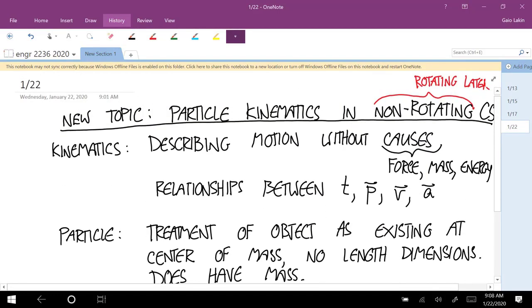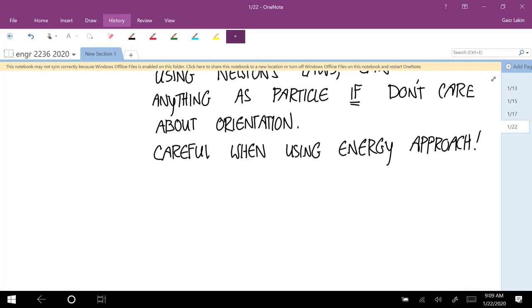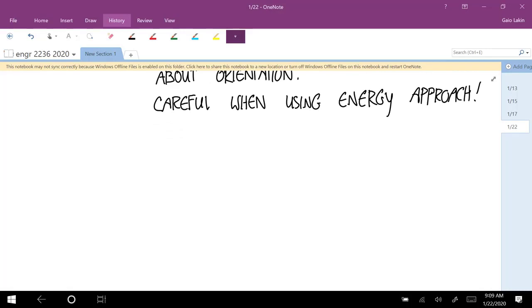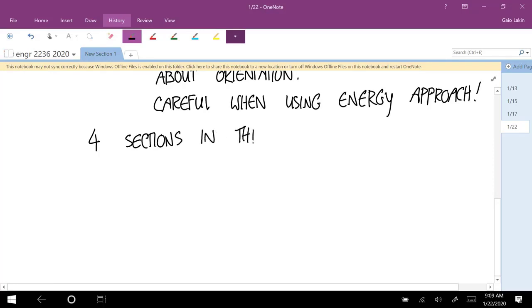Okay, and then non-rotating coordinate systems. So that's important. You've never dealt with rotating coordinate systems before, but we will later in this class. And we're going to do sort of 4 sections in this topic, under this heading.